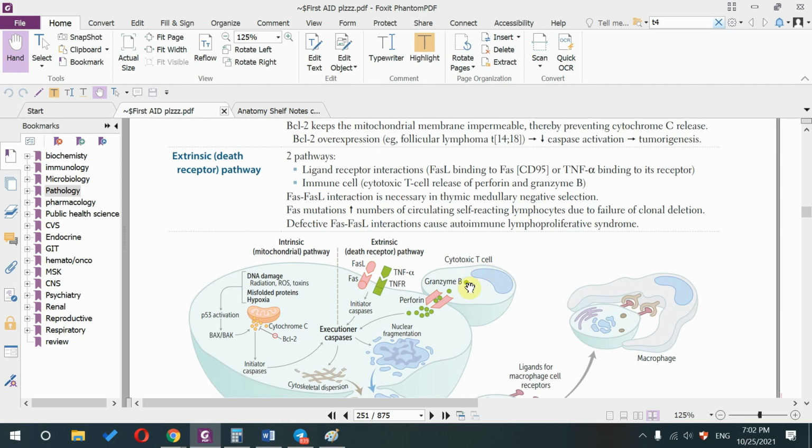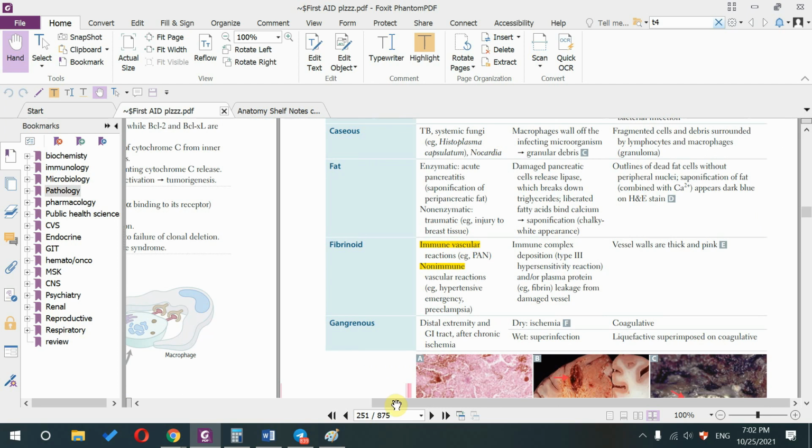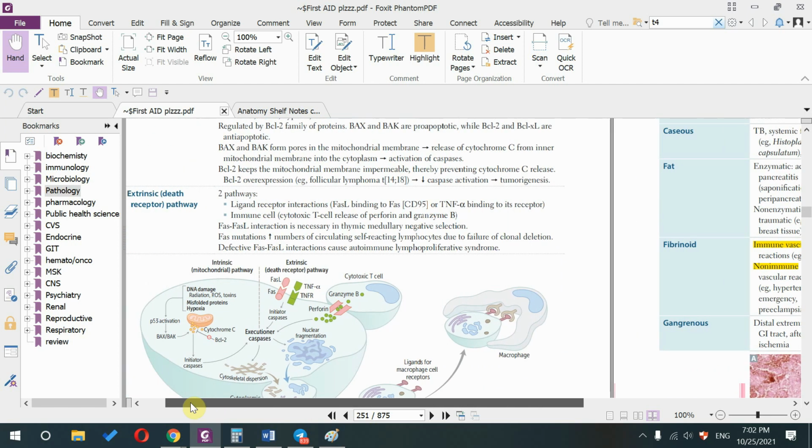So what enzymes do the cytotoxic T cells make? They make perforins and granzyme B. You have to know the function of these enzymes. Perforin perforates, granzyme B activates the caspase. So perforin perforates, so it makes the pore, okay? You have to know that perforin makes the pore here. And the granzymes are these green balls that come here and activate the caspases.